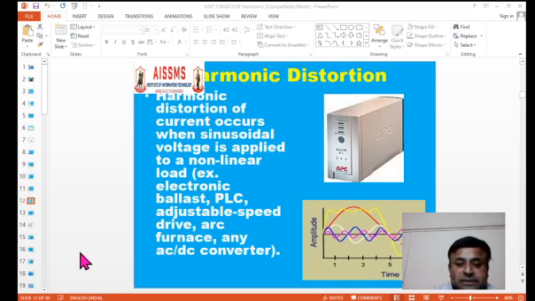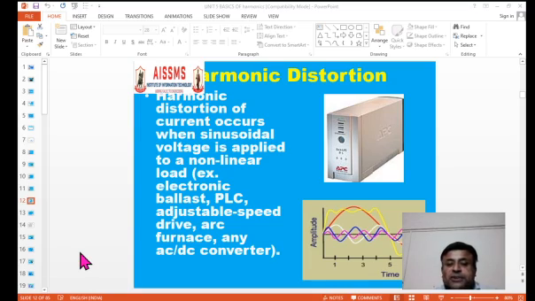Now harmonic distortion is also one of the topics of discussion. Basically, harmonic distortion is nothing but harmonic disorder or harmonic pollution that is developed by nonlinear loads.